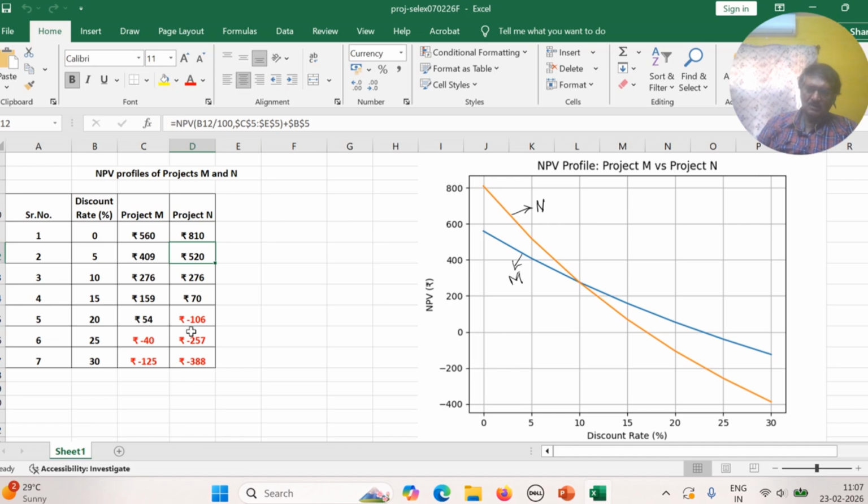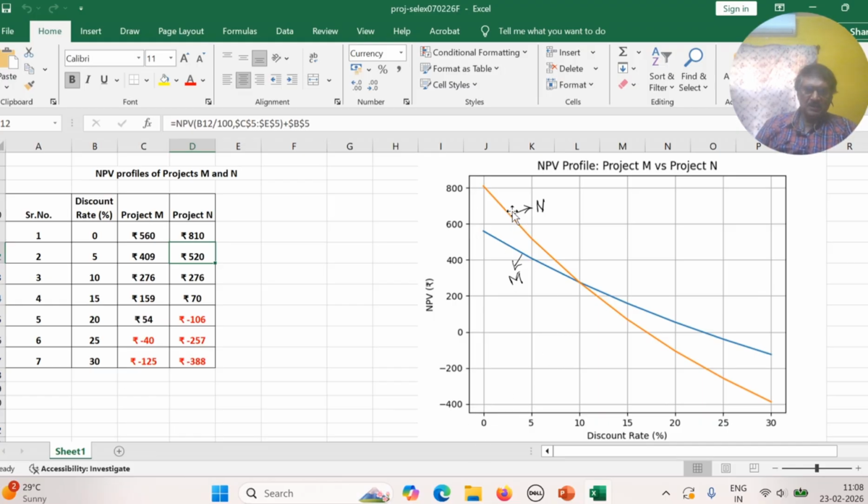After dragging, you will get the values. Only 4 to 5 minutes are required to calculate all the things. I have done it also. And we have plotted the results in this graph. The x-axis is the discount rate, and these are the NPV values, net present value, on the y-axis.